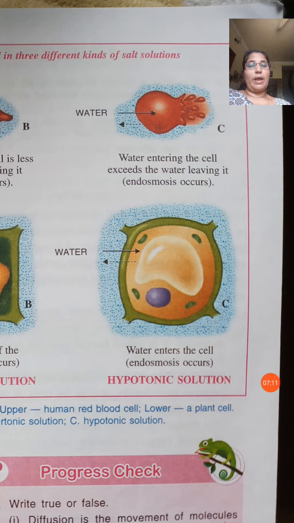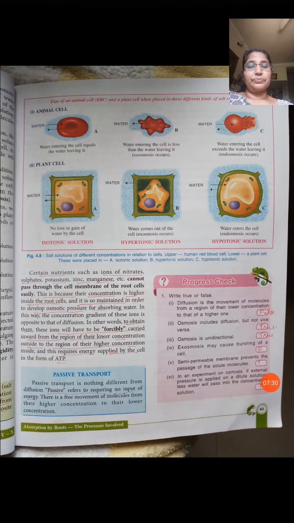In the case of the plant cell, we have seen that bulging is prevented by the cell wall around it. So the cell is in a turgid condition, that means the fully extended condition, when it is put in hypotonic solution.